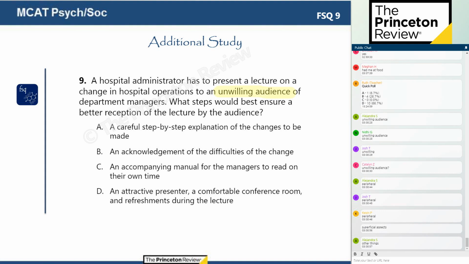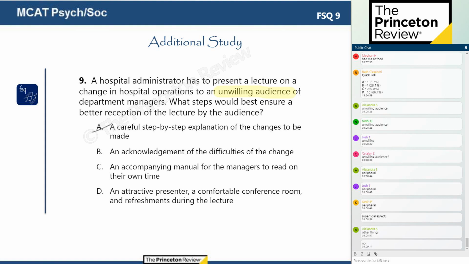Right, other things. So would you then be able to do a careful step-by-step explanation of the changes? Would that work with this audience? No. Would acknowledging difficulties of the change get you the best reception of the lecture?